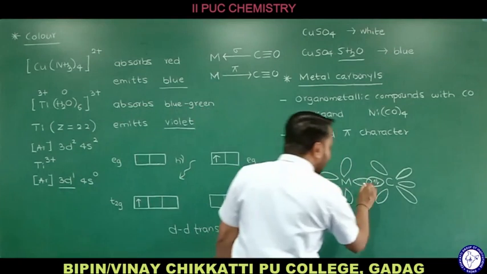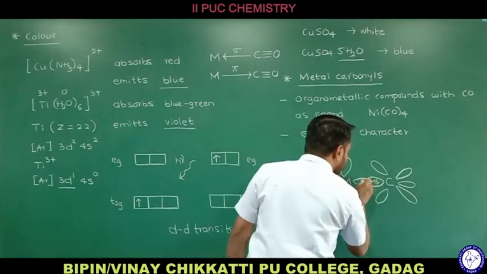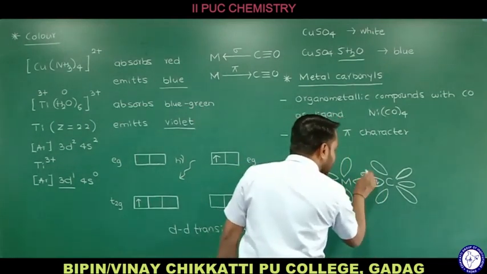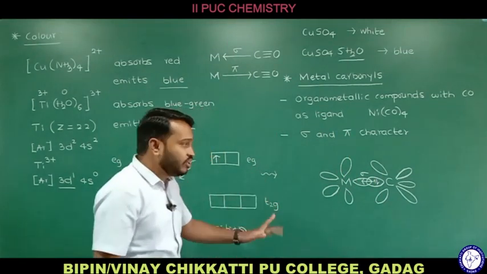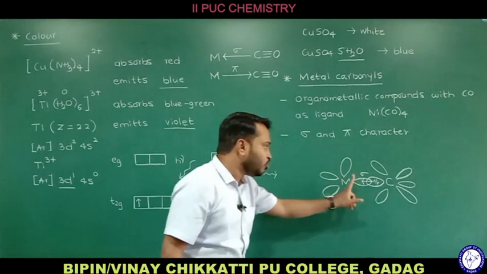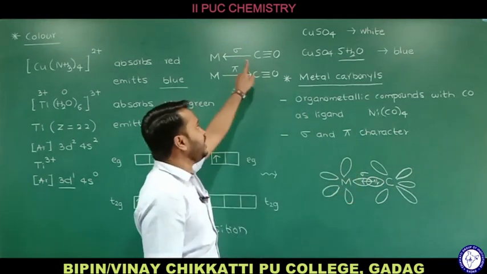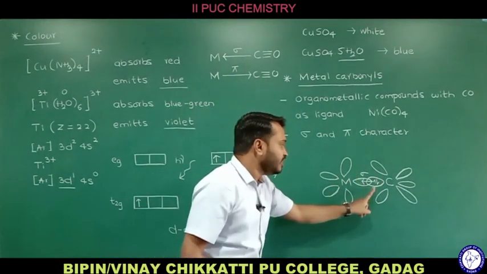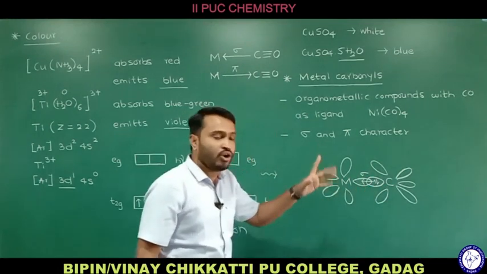This pair of electrons is going to be donated to the central metal atom so that the sigma bond is formed. Try to understand, the lone pair of electrons on carbon is going to be donated to the central metal atom, as I indicated here, and because there will be head-on overlapping of atomic orbitals, the sigma bond is formed.